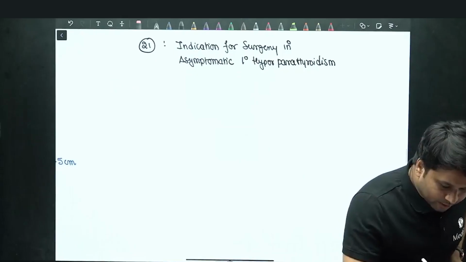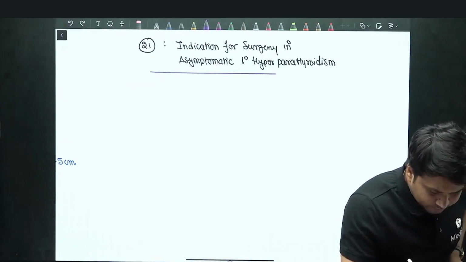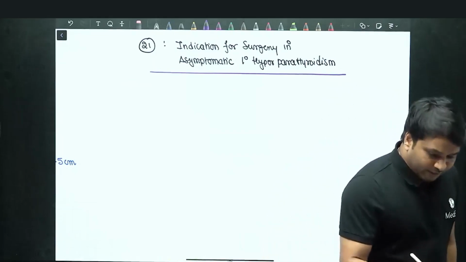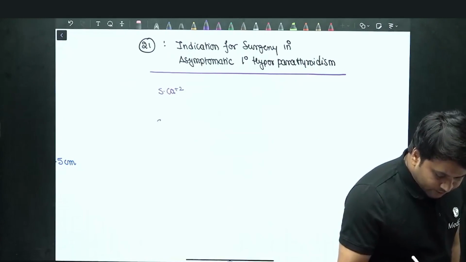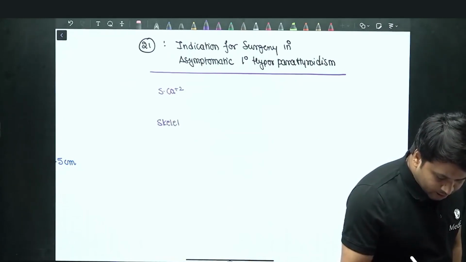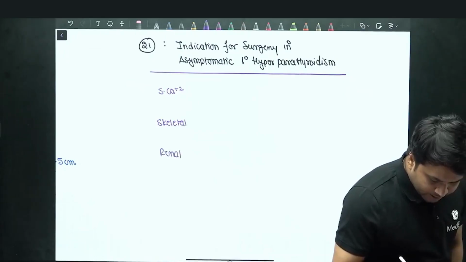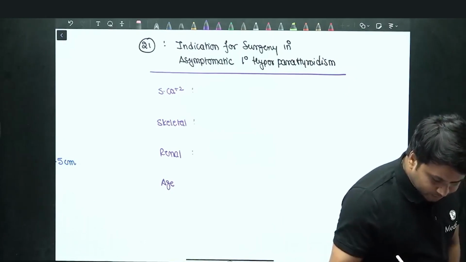In an asymptomatic primary hyperparathyroidism, right. Now, I have criteria. Number 1, I'll be measuring serum calcium. We have the skeletal criteria, we have the renal criteria, and the age related criteria. There are 4 components that I will look at.